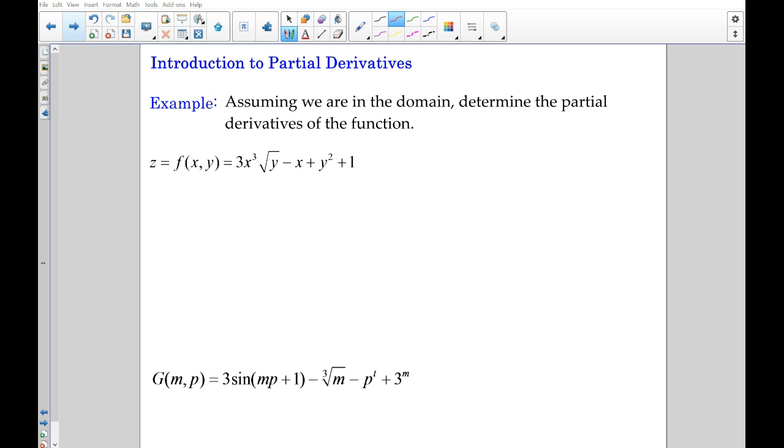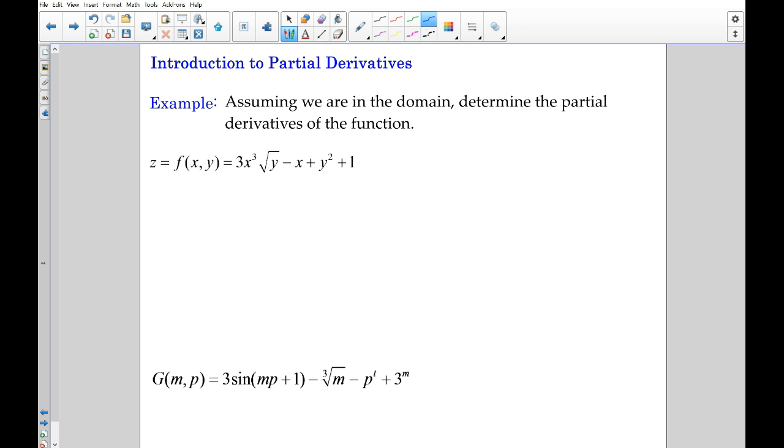We're going to assume for the entirety of all this that we're in the domain, because that's a whole separate issue. So we're going to assume that we're in the domain, and we want to determine the partial derivatives of the function. When I say partial derivatives, there may be one, there may be two, there may be a lot.